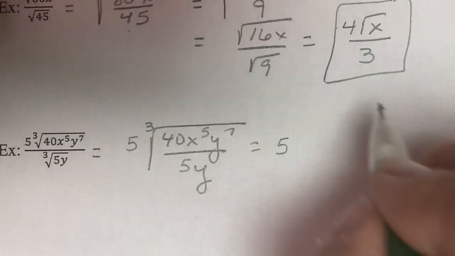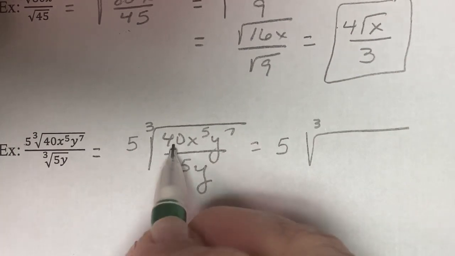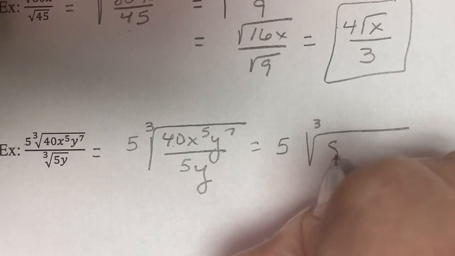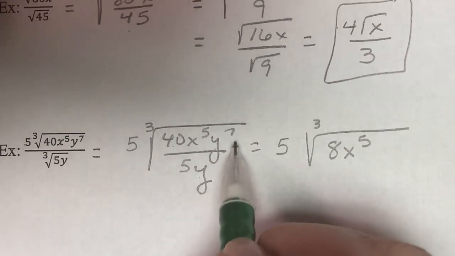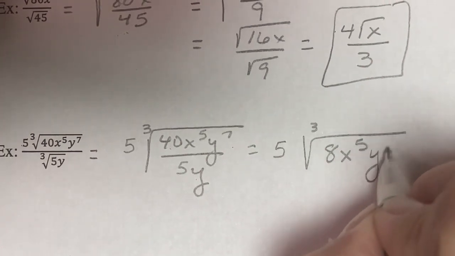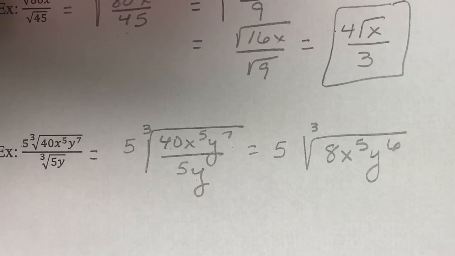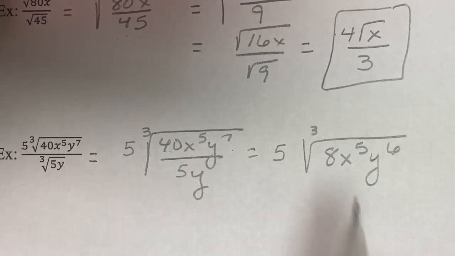If I simplify, the 5 will go into the 40 8 times. The x to the 5th is going to stay the same, but this y will cancel into y to the 7th, leaving me with y to the 6th. So this fraction reduced into here.